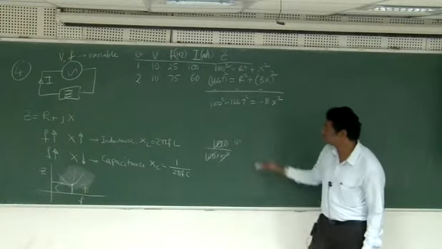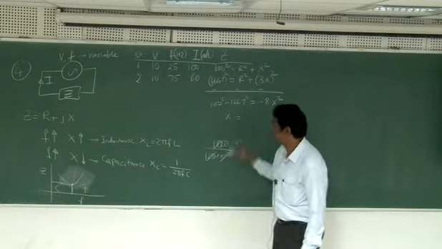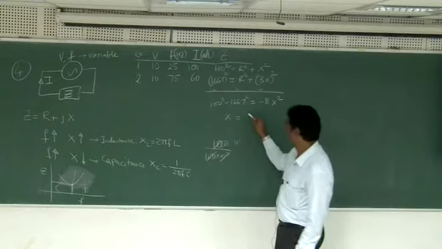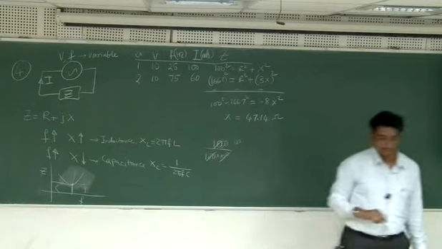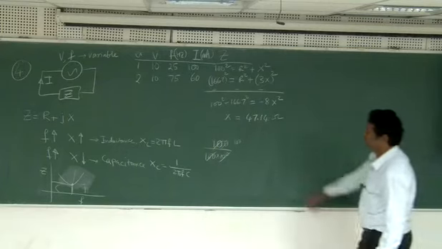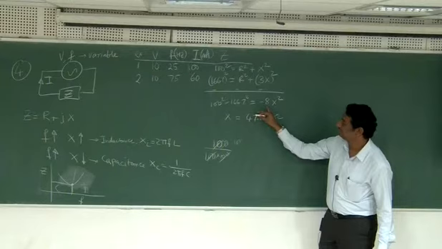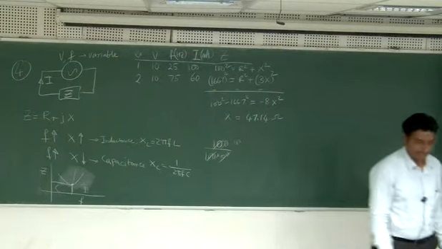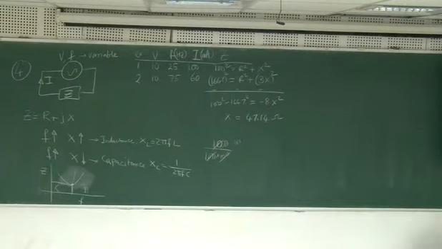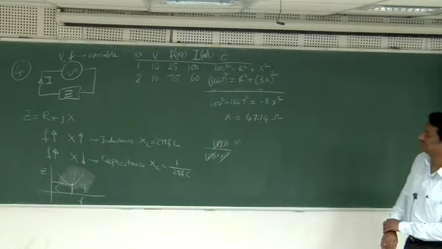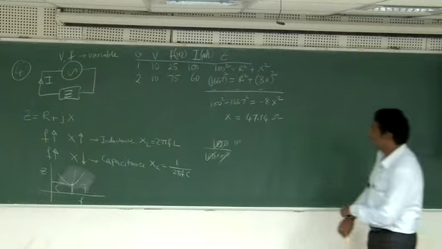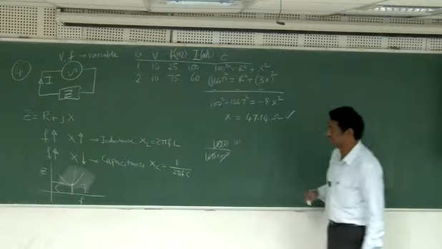So can you calculate what is x in this case? How much? 47.14. Can somebody verify that? 100 square minus 166 square divided by minus 8. And then square root of that. Just quickly verify that. Okay. So yeah, so looks like this is the correct answer.